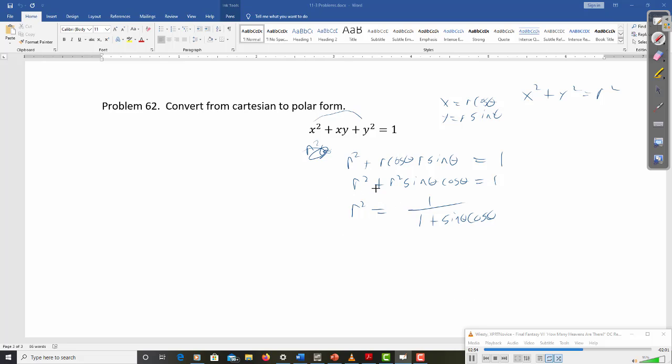Basically you've got your answer because you can factor out the r squared. That's how I did this, by the way. I'm sorry if you missed that algebraic step. I factor out the r squared and then divide by the 1 plus sine theta cosine theta. I think I'll leave these up there, but erase this, and we'll move on to the next one.